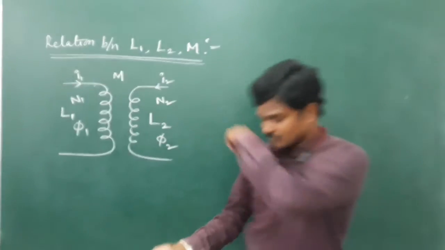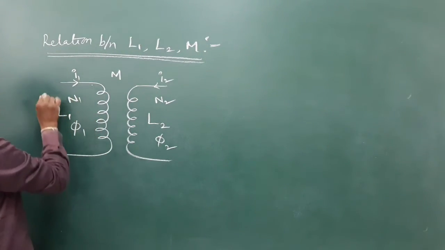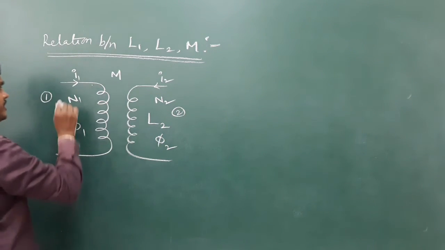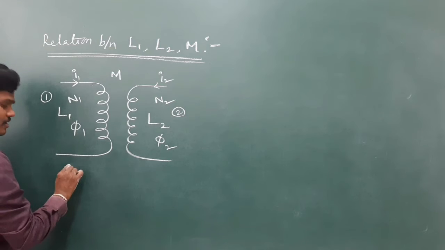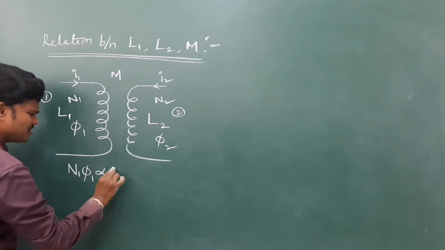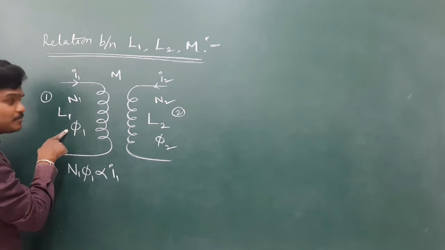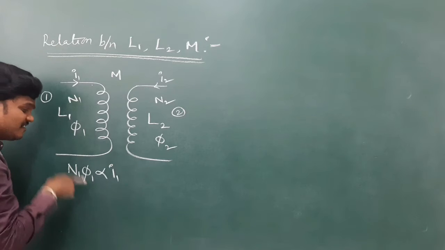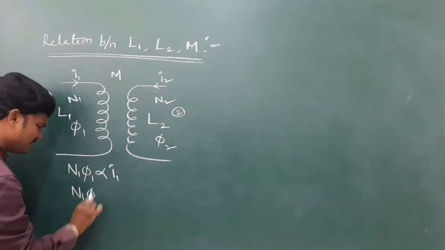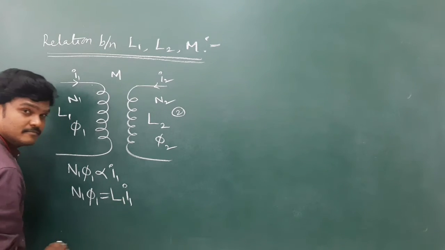To get this, let me first write the self-inductance of the first one. This is coil 1, this is coil 2. For coil 1, N1 phi 1 is proportional to I1, because the flux in this is proportional to the current in this, the constant being the self-inductance L1. So N1 phi 1 is equal to L1 I1.